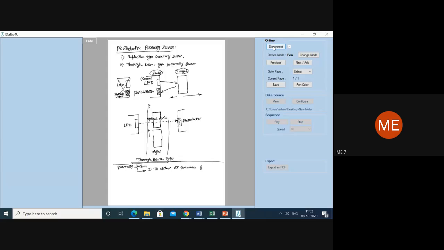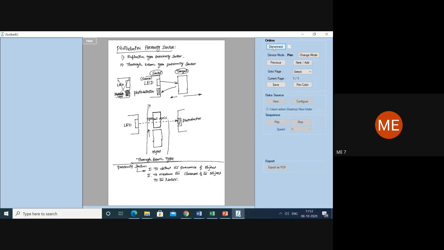Number two, to measure the closeness of the object to the sensor. These are the two objectives of your proximity sensor. Is it clear to you? Yes, sir.